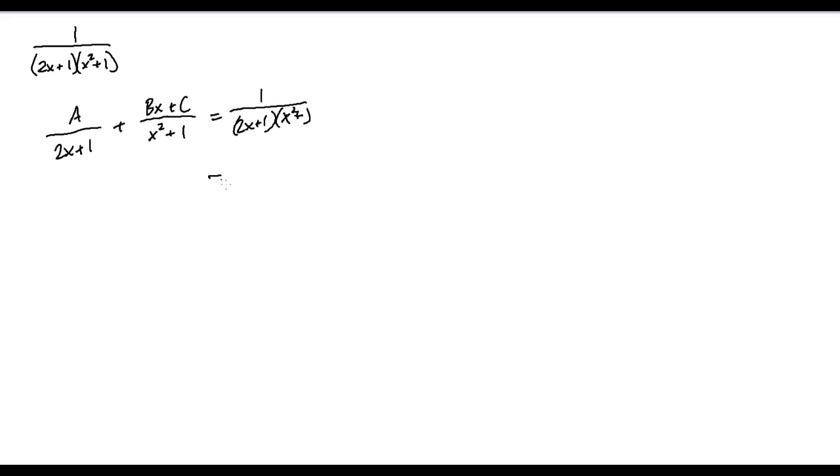And when you multiply both sides by the denominator, then you get a times x squared plus 1, plus 2x plus 1 times bx plus c, equals 1. And if we take x as minus a half, then this bracket will become 0.